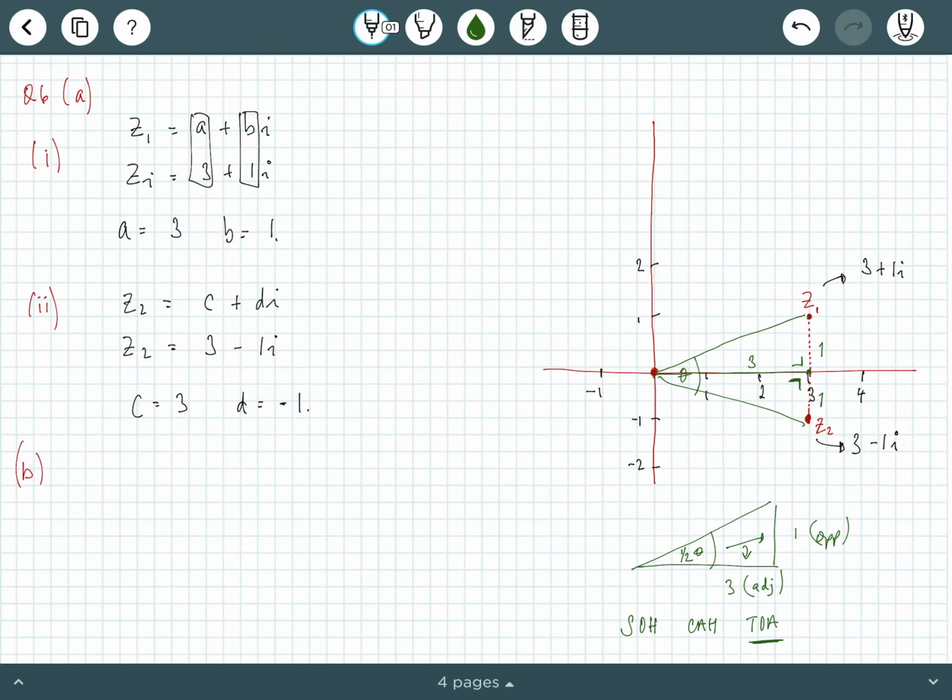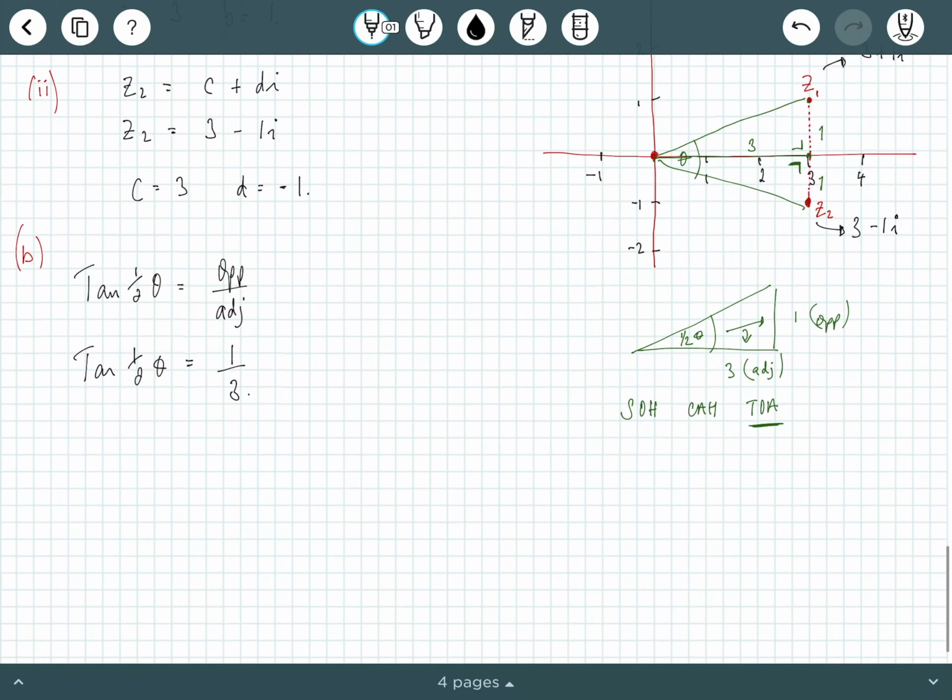So I come over here to B, and I write, well, the tan of half theta is equal to the opposite over the adjacent. So the tan of half theta is equal to the opposite, which is 1, over the adjacent, which is 3. Well, half theta then is equal to tan inverse of 1 over 3.